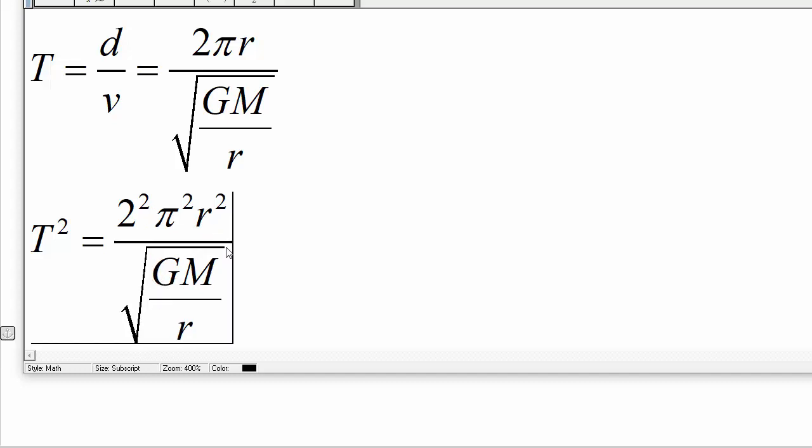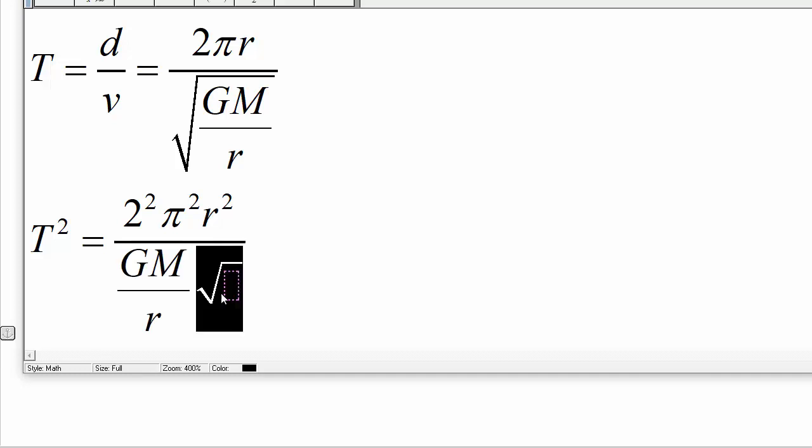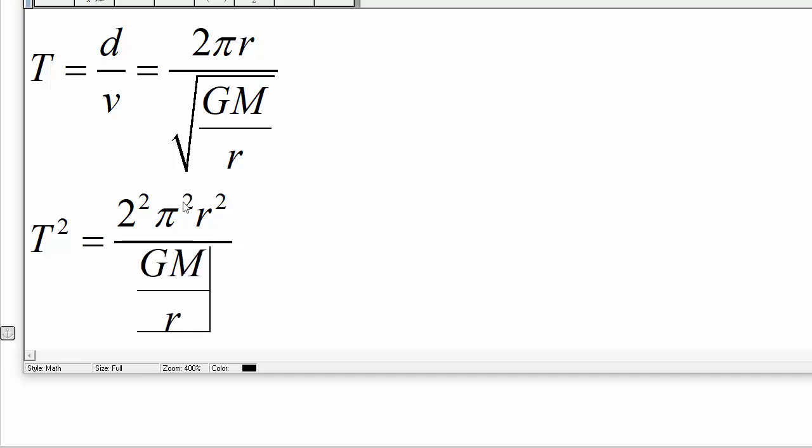And anytime we square something that's under a root symbol, it simply comes out of the root symbol. Now we have division of a fraction, which means we're going to flip this fraction upside down and multiply the top by the new fraction. And it's the same as taking this r and just moving it up 2 levels. The top becomes r cubed. And the bottom is simply GM.